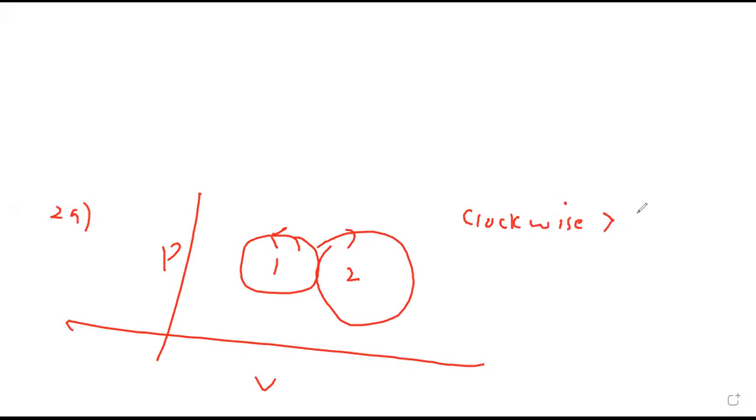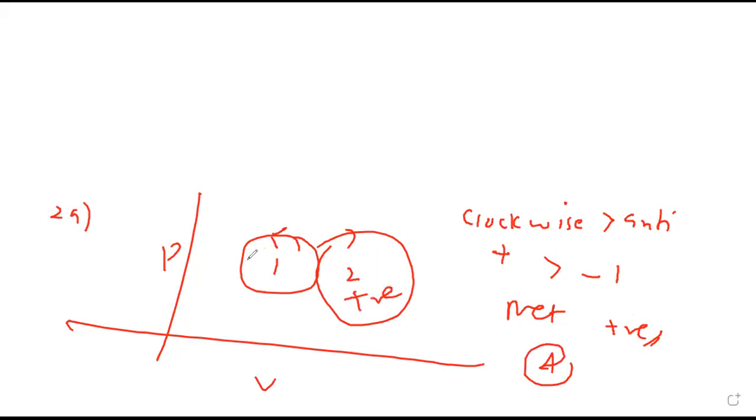Clockwise is greater than anti-clockwise? Yes, sir. So positive is greater than negative, so the net will be positive. Net positive work done. Yes, the answer is then A. Clockwise means positive, anti-clockwise is negative, clockwise is bigger, therefore net is positive.